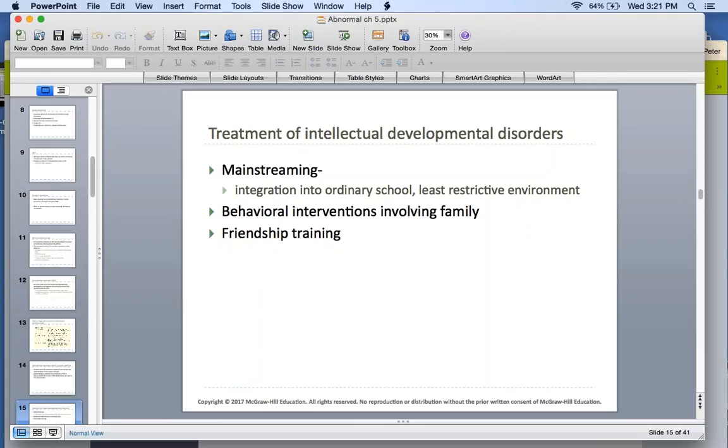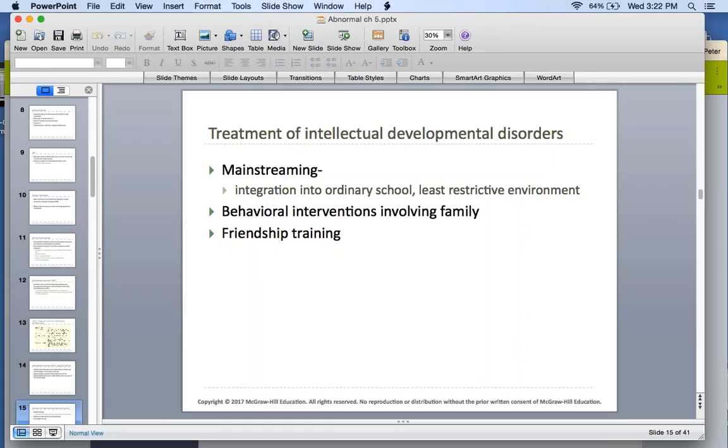And the last thing that I have here is friendship training. And that is that we work with people to teach them how to interact with other people their age. So, and I mean basic, like when someone walks up to you, if they look at you and say hello, then you say hello, right?